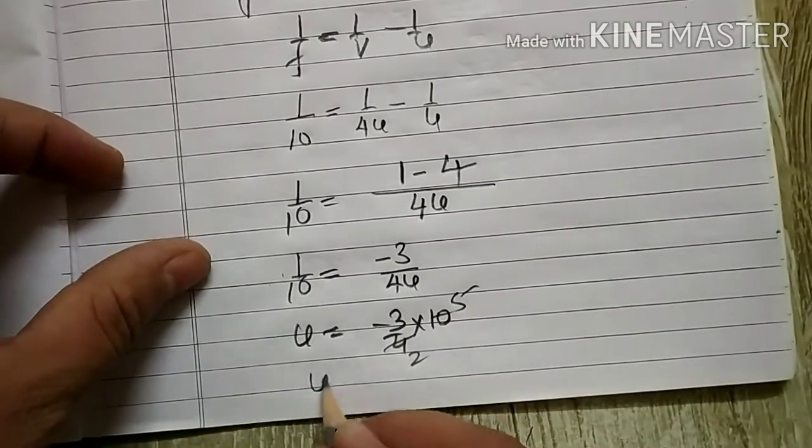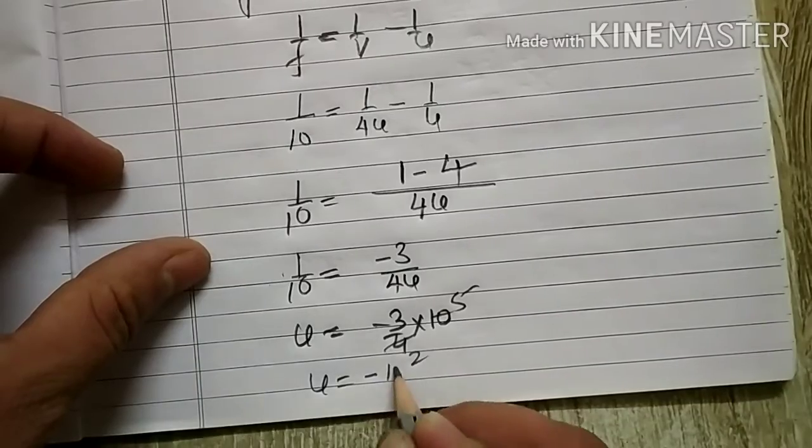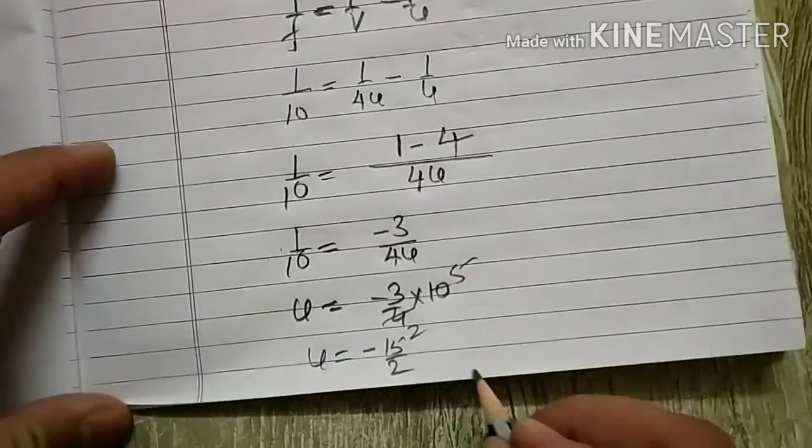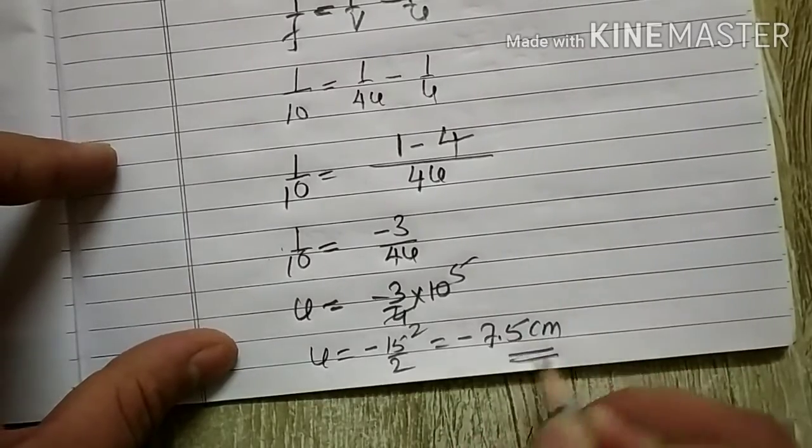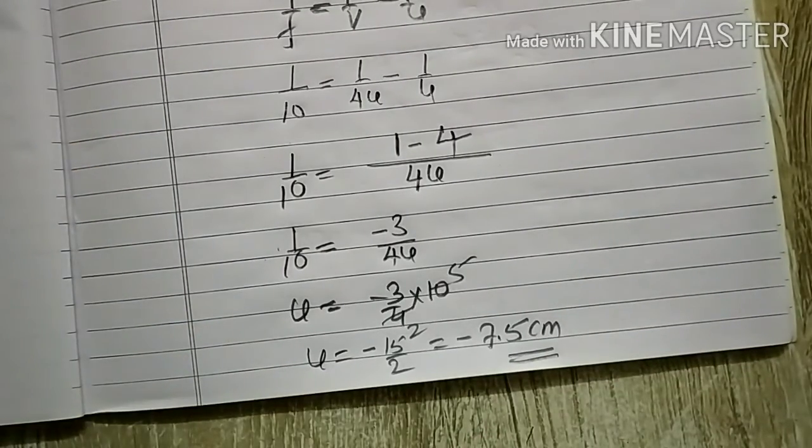So what will come? u is equal to minus 15 upon 2. 15 upon 2, that means minus 7.5 centimeter. This is the position of the object at which the lens will produce an image 4 times larger than the object. Hope you understood.